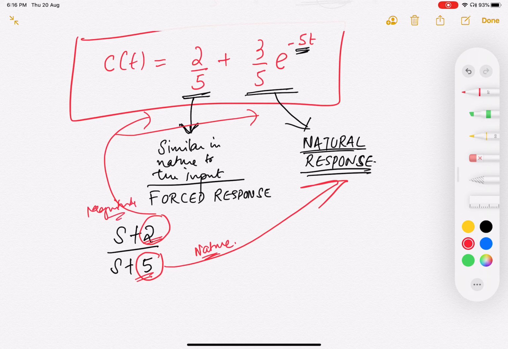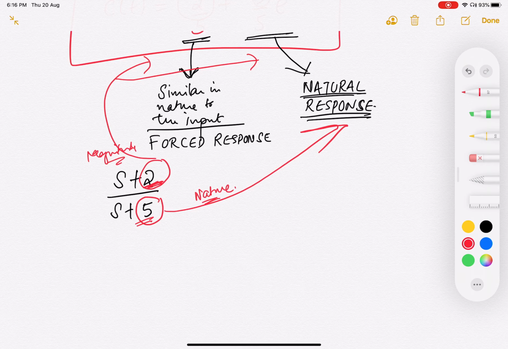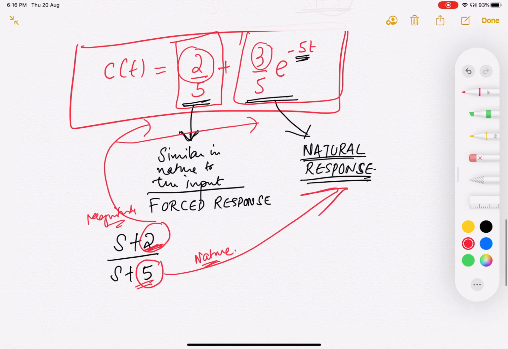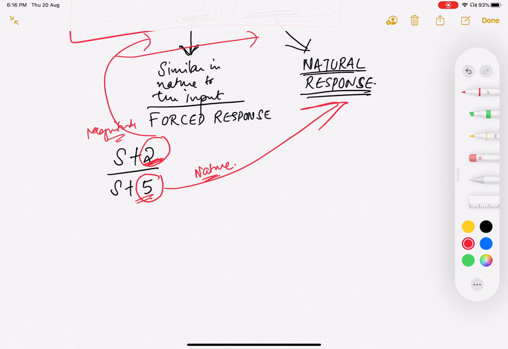This 2 that you have here, and in fact this 3 that you have here, has a role in determining the magnitude of the response. So in addition to the fact that this part is because of the input and this part is because of the nature of the system, we have specific names to these terms that are there in the numerator and denominator.